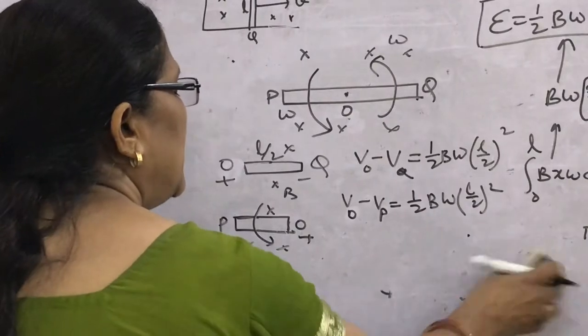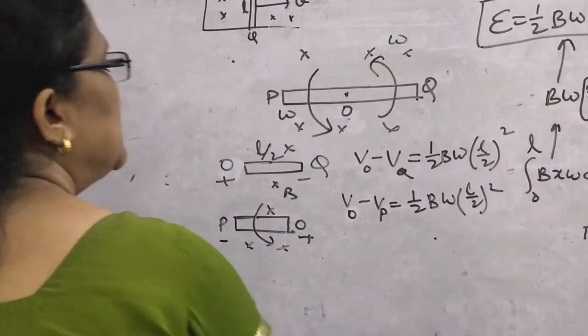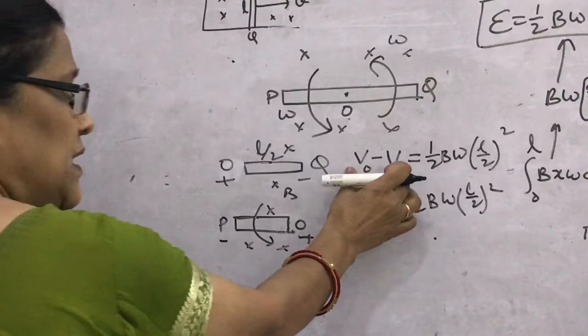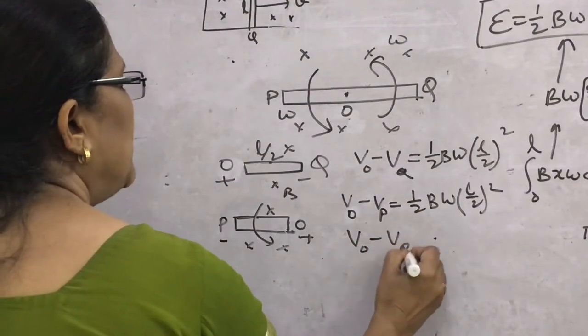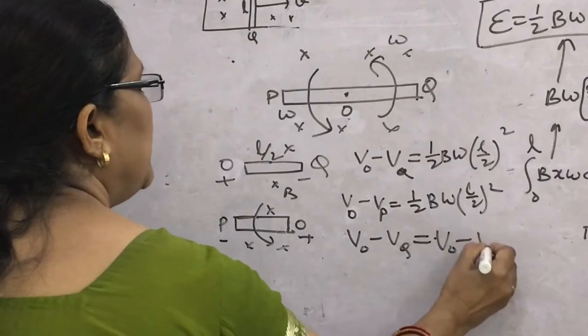What you see here is that both the expressions are the same. It means these two are the same, so you will write VO minus VQ as VO minus VP.